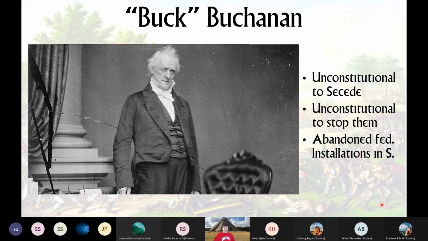So basically Buchanan, to avoid conflict, and maybe this might have been the right choice, but it was a dramatic sign of weakness, which encouraged secessionitis. They're not going to stop us. Let's do it. Contrast that with Andrew Jackson, who said, I will personally lead an army to stop the traitors and hang them all.